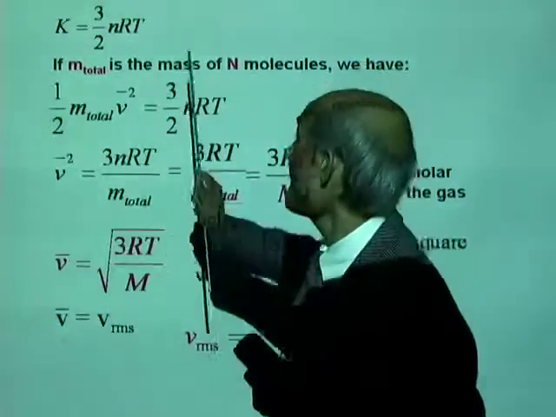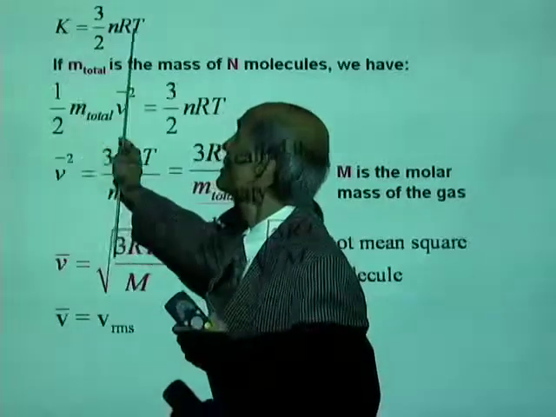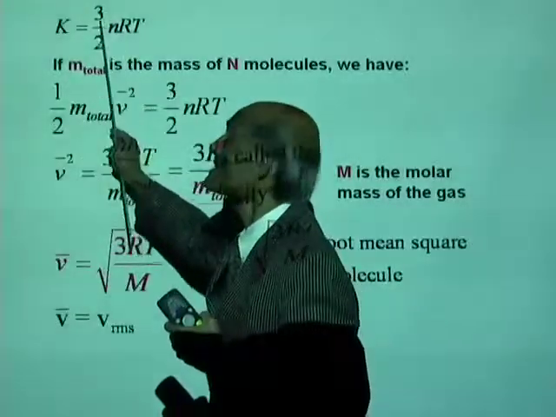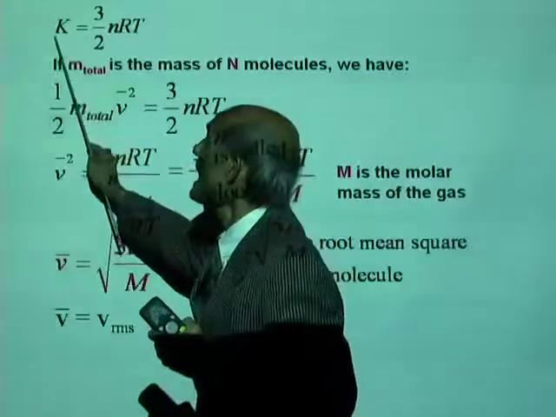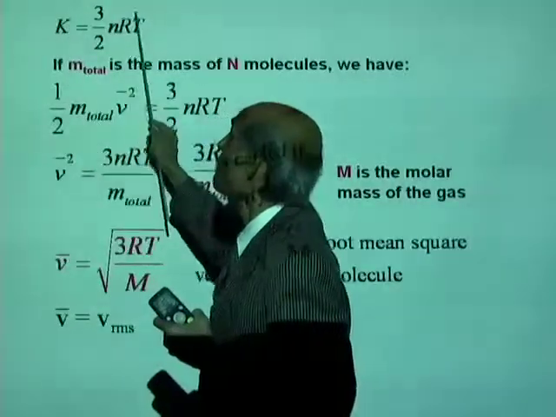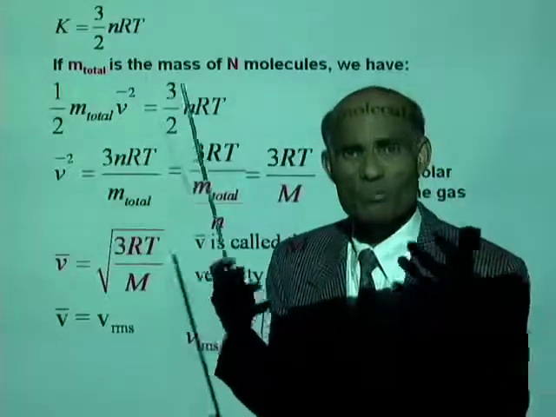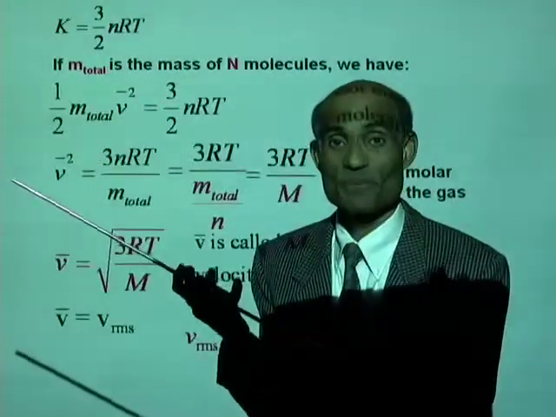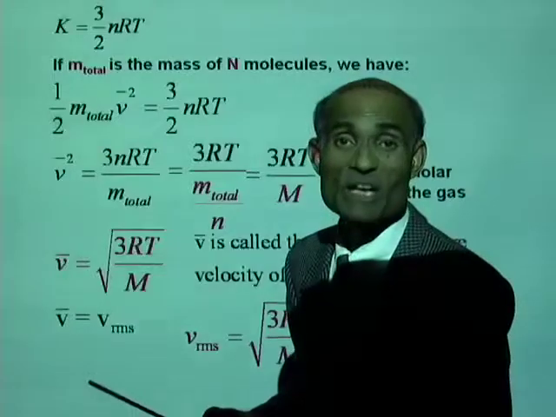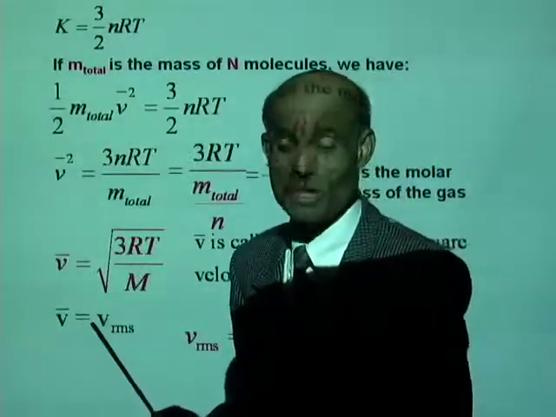You see that? And that's what this relation tells you. 3 over nR is a constant, so the kinetic energy is proportional to the temperature. You can see our assumptions are proving to be so good. Alright, now we are ready to use this to solve a couple of problems.